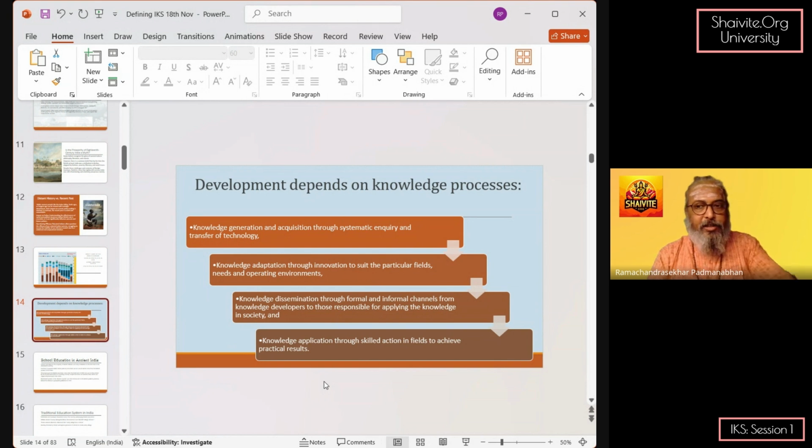The last stage is application. Once dissemination has taken place, it is put for application, and the workforce is upskilled enough to use that knowledge in the respective field to achieve the desired result. So this is the normal knowledge process.